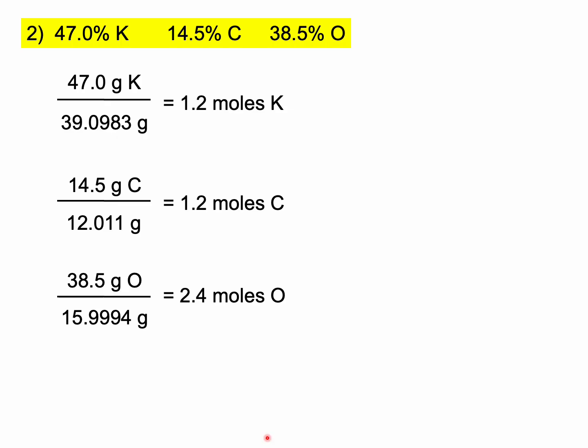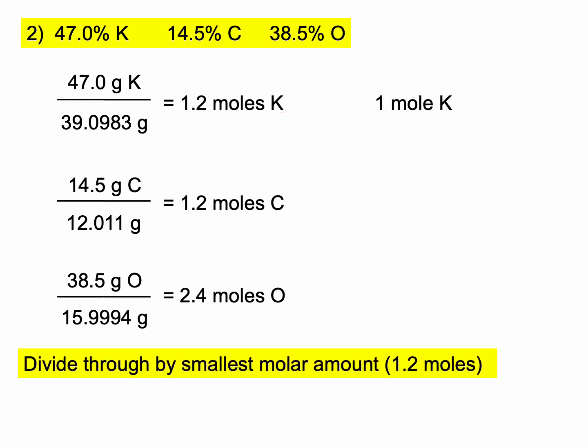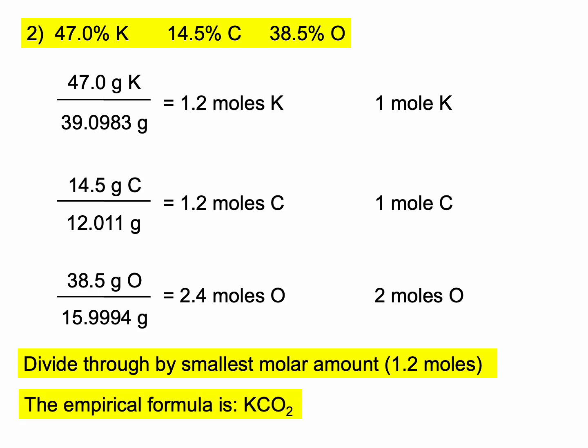Now we're going to divide through by the smallest number of moles, which is 1.2 moles. And we have 1 potassium, 1 carbon, and 2 oxygens. So therefore, the empirical formula would be KCO2.